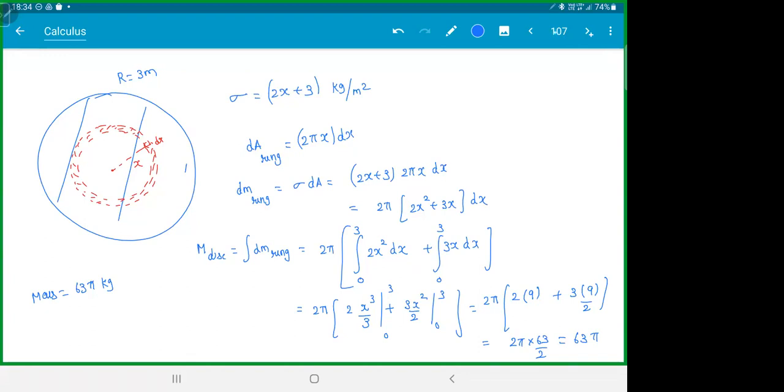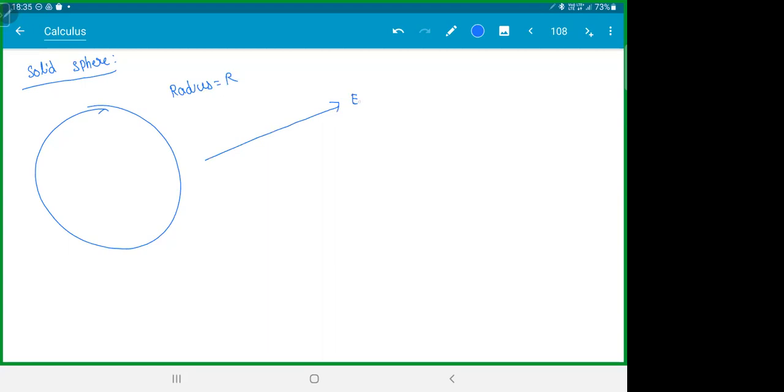Turn the page. Next thing, sphere. So when you have a solid sphere, you can choose elements in two ways. Spheres are a little special in that way. You can choose elements as thin hollow shells.